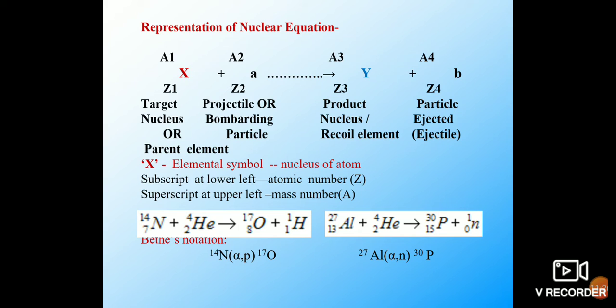Okay, another example is aluminium with atomic number 13 and mass number 27. It is bombarded by an alpha particle, that is 2He4. You will get phosphorus, atomic number 15 and mass number 30, along with a neutron, 0n1.